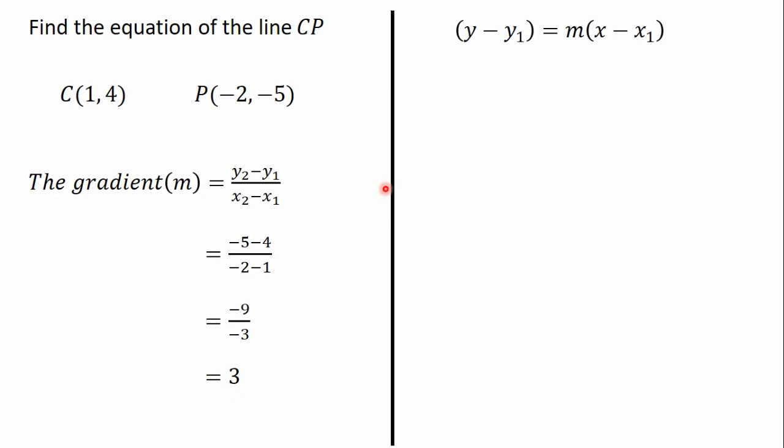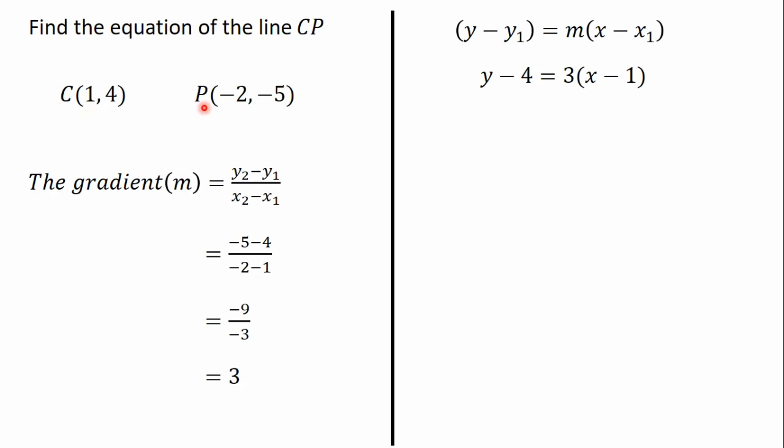To find the equation of the line, we use the formula y minus y1 is equal to m into bracket x minus x1. I'm going to choose point C as my (x1, y1). The gradient is 3. So you have y minus y1, and I'm choosing point C, so my y1 will be 4, is equal to the gradient, which is 3, into bracket x minus x1, where my x1 is 1.